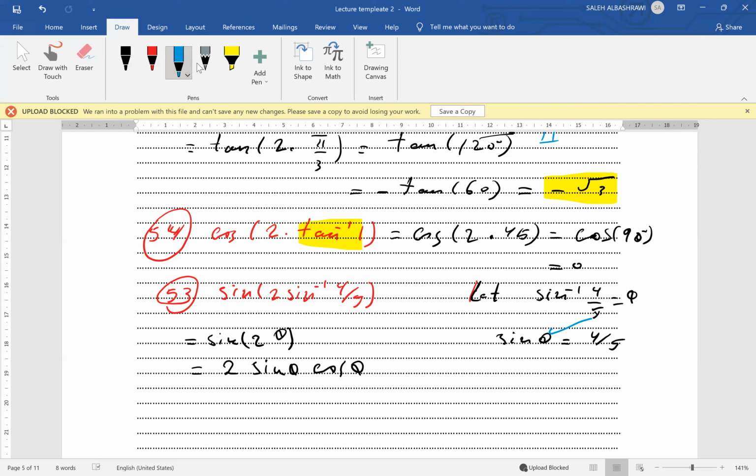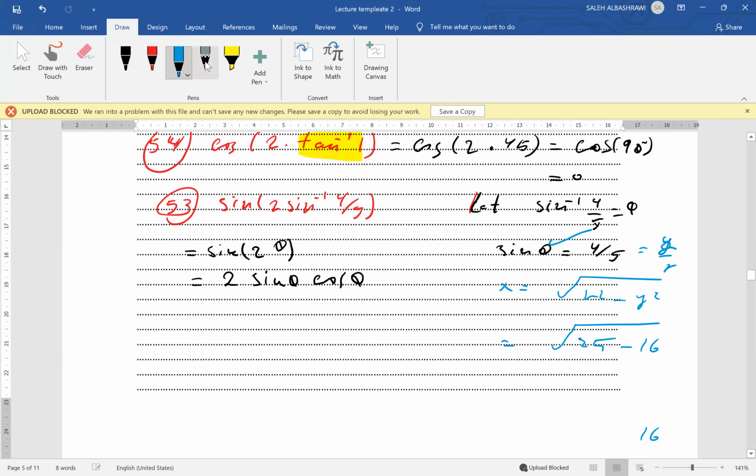I need to find cosine theta. We know that sine theta is equal to y over r. So x will be equal to the square root of r squared minus y squared, which is equal to the square root of 25 minus 16, which is the square root of 9, which is equal to 3. This is x.